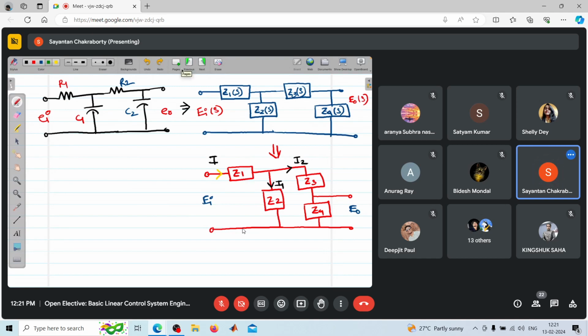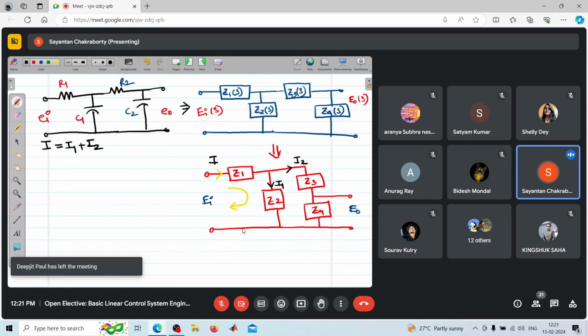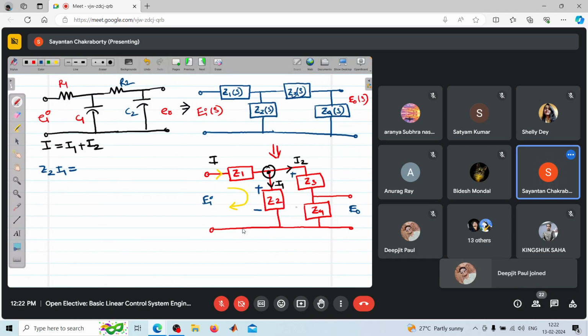So from this loop, what you can write? First equation, I is equal to I1 plus I2, KCL at this node, right? Then you can write down for this Z2 I1 is equal to this.